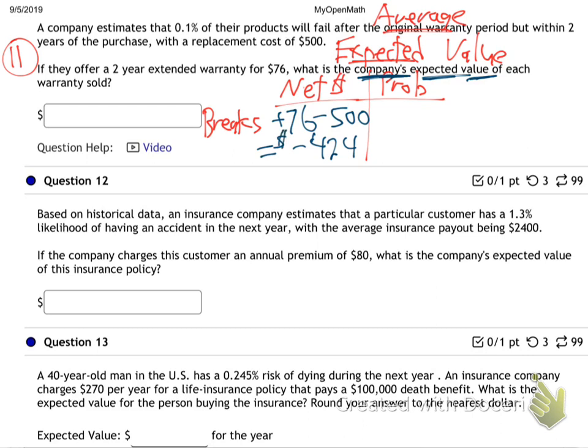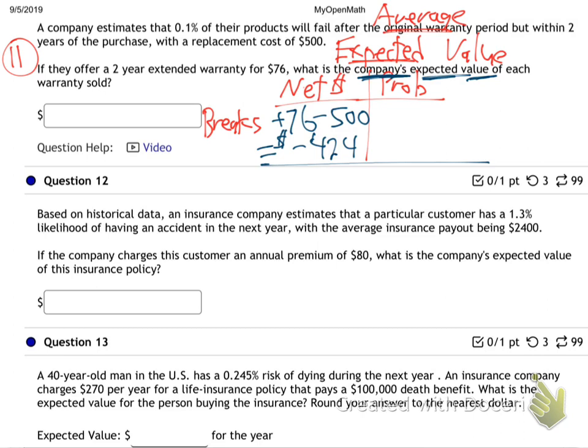You with me? So if the product breaks during the 2 years, they lose $424 on the deal, don't they? That's the net result to their bottom line, which is what they care about. In the end, because they got the $76 from you for the warranty, but they had to pay out $500 to fix your thing if it breaks during those 2 years.